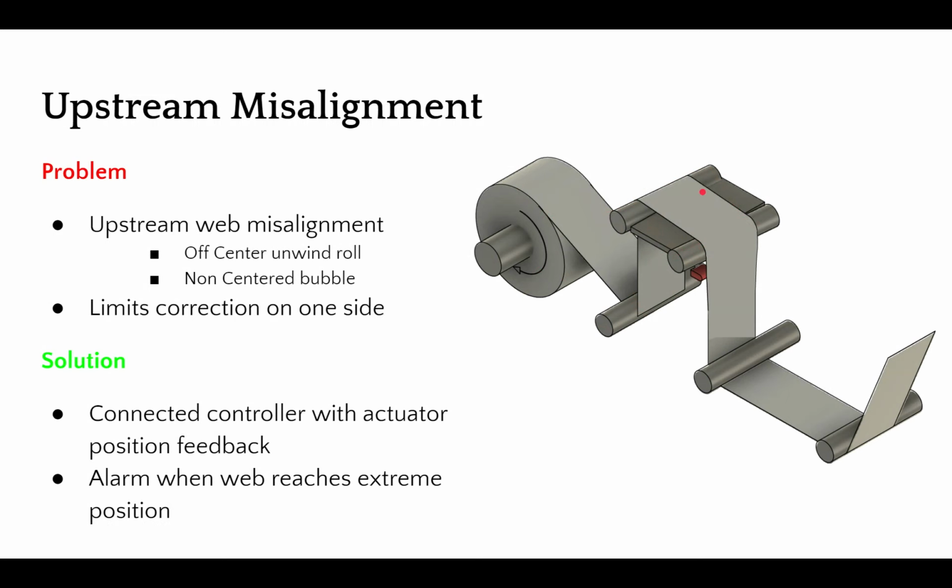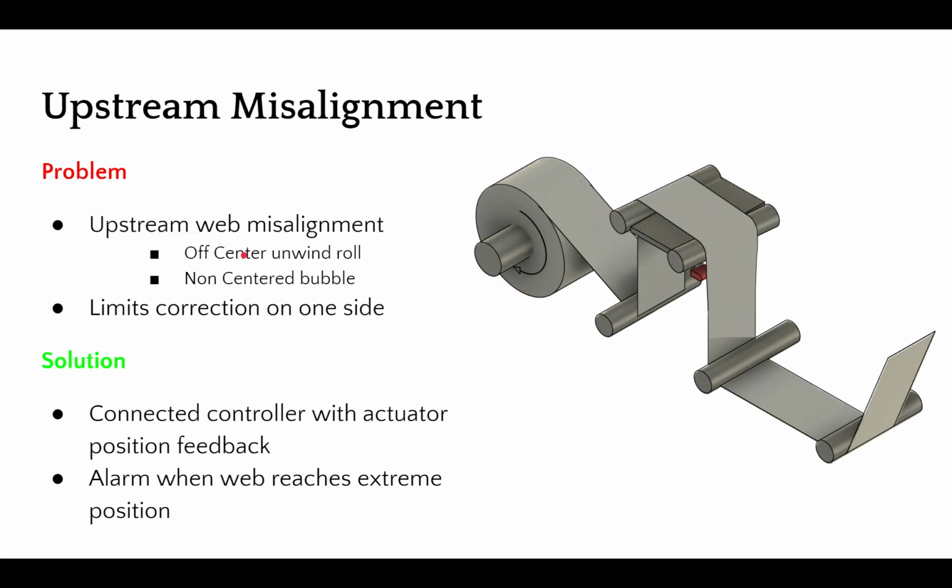That means this web guide is already tilted like this at a position, and this actually limits further correction in this direction. The web guide might correct in this direction properly because it has enough stroke, but then it may not correct in this other direction.